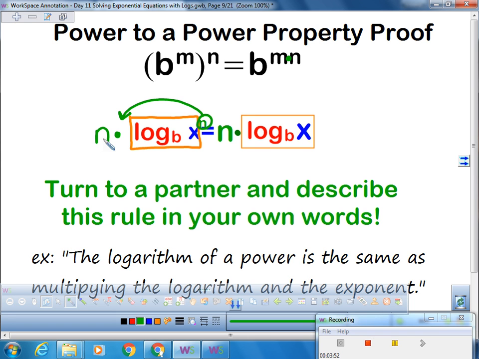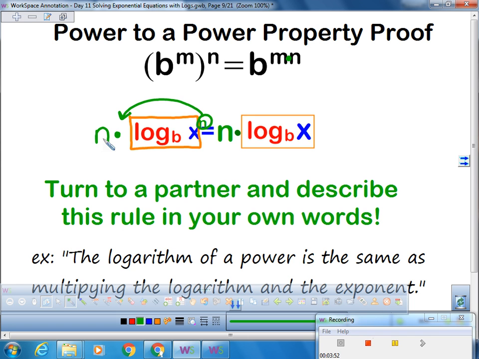Hold on. This is an exponent, right? Isn't this exponent right here being raised to a power? So doesn't that mean I can say that the exponents are being multiplied? Yes, you can. So exponents, when they're raised to a power, can be multiplied. This is an exponent. Don't look at it as log dx.